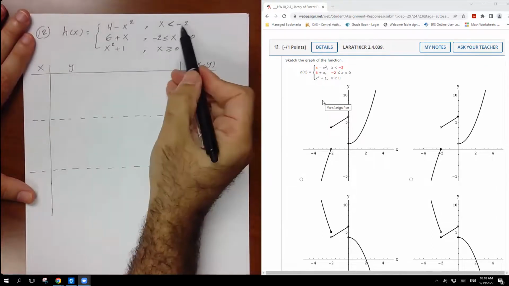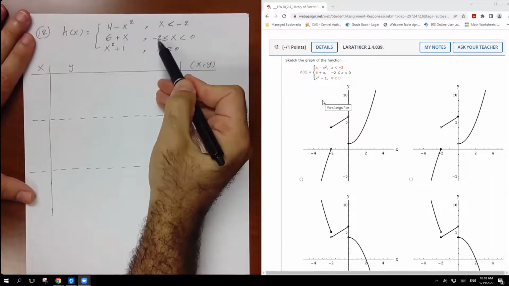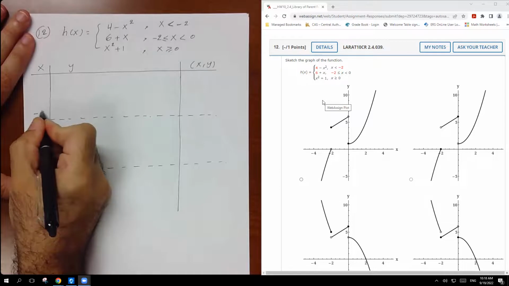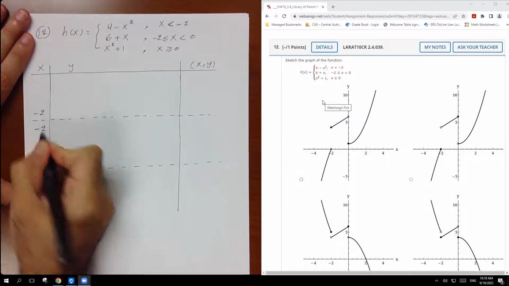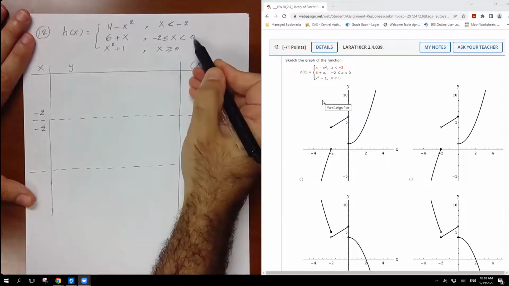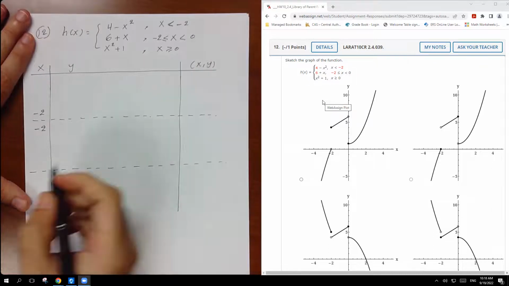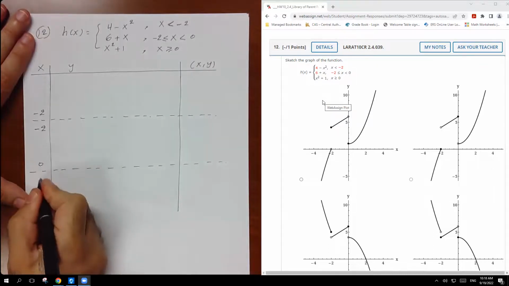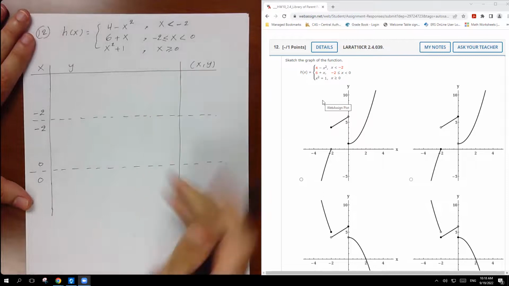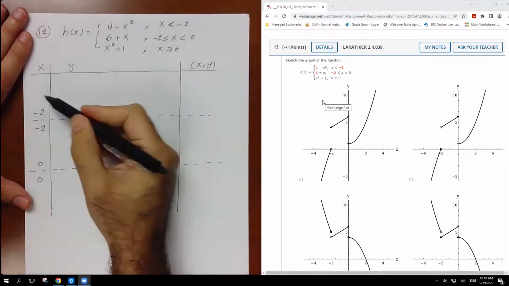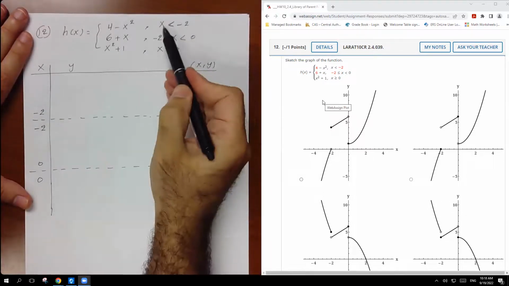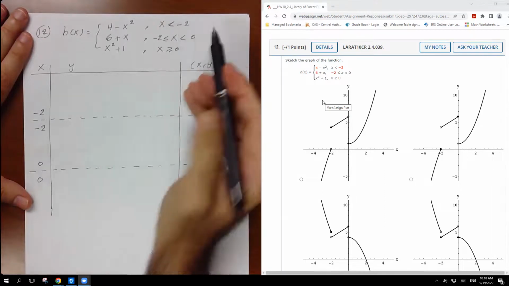So the first part, you see -2 and start from -2. So here is -2 and here is another -2. And then the second part ends on 0 and the third part starts from 0. Let's look at the first part. We need to choose a number less than -2.